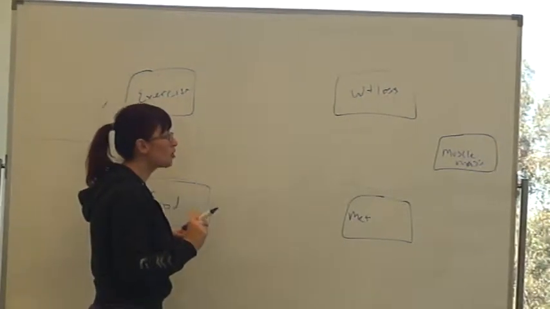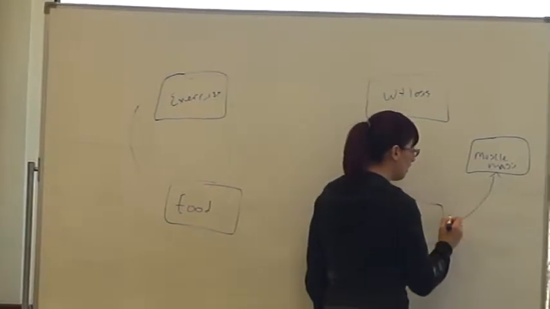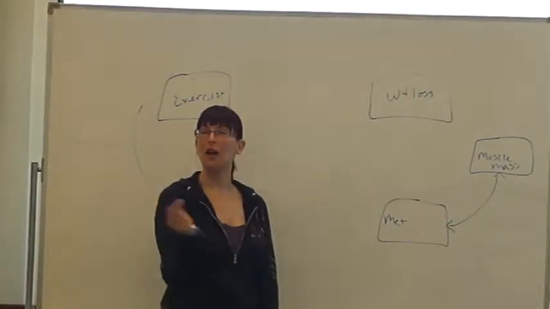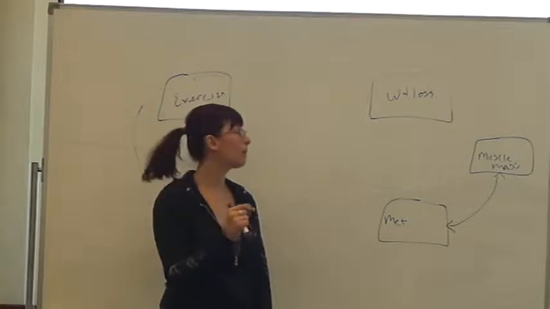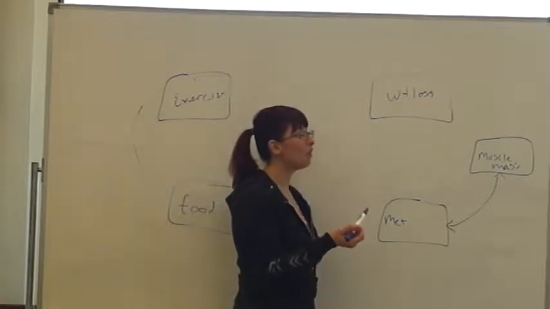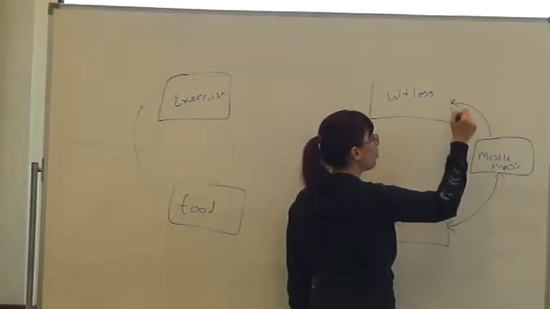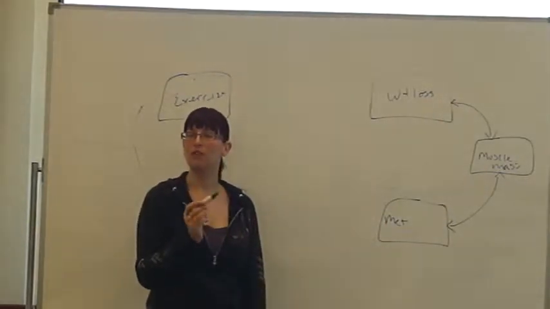Well, there's a direct relationship between the amount of muscle you have and how fast your metabolism is. The more muscle mass you add, the faster your metabolism is going to be. And then the more muscle mass you have, the more you're going to be able to lose weight because you have a faster metabolism.